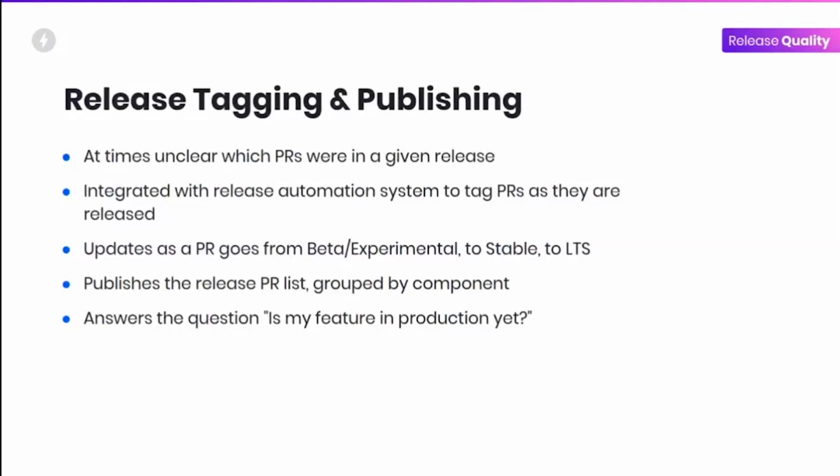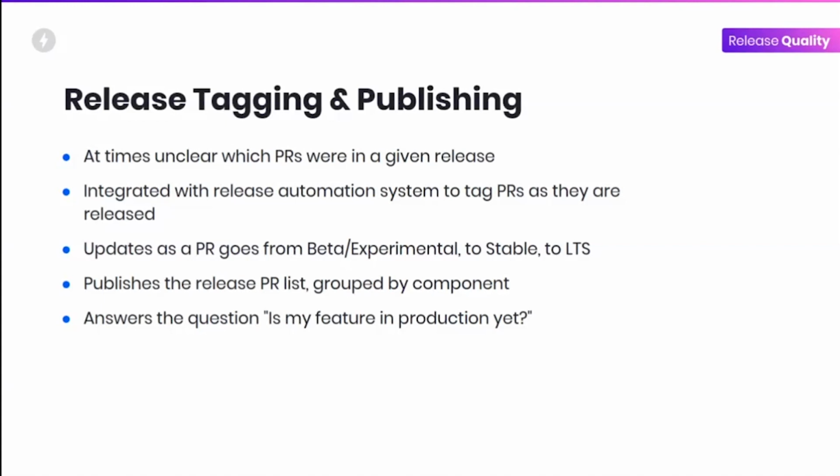This is why we tried to bring those answers directly to the AMP developers in the interface they're already familiar with, GitHub. We hooked into the systems that we use to update the active release on a given release channel. And when a release goes out, we now add labels to all the PRs included in that release.